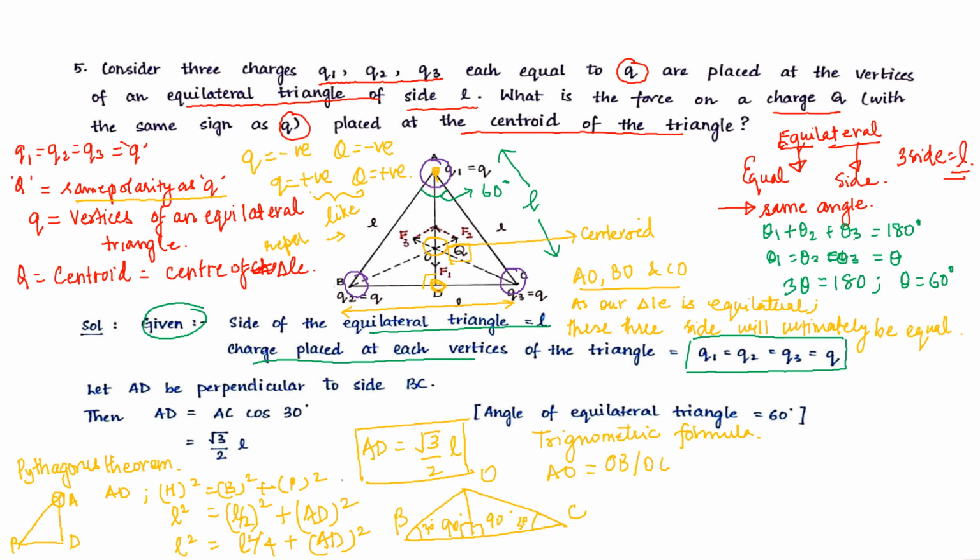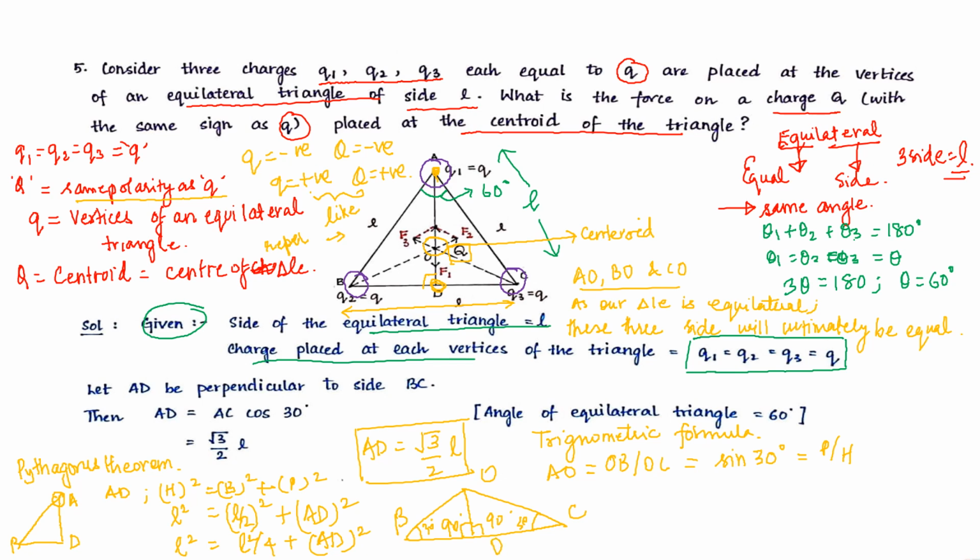So if we find one, we will be able to find all three. Using this trigonometric formula, we will take sine 30 degree equals perpendicular upon hypotenuse. But here we do not know the value of perpendicular OD.